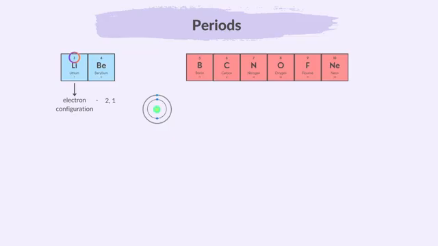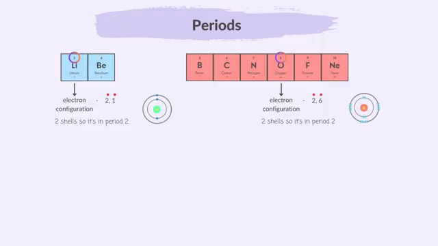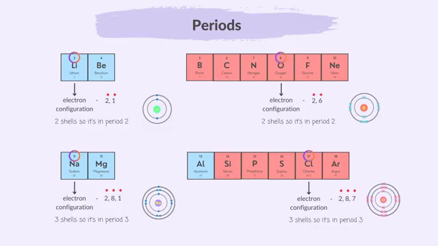Remember, there can be a maximum of 2 electrons in the first shell, 8 in the second, and 8 in the third. Since there are 2 shells used, we know that lithium belongs to period 2. So, in the elements of period 2, like lithium and oxygen, the atoms have 2 electron shells. In period 3, like sodium and chlorine, they have 3, and so on.